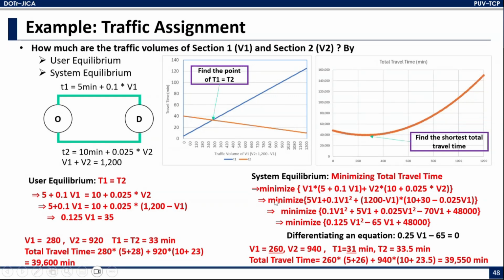So with the system equilibrium, though some persons need to be patient about 0.5 minutes of additional travel time compared with the user equilibrium.